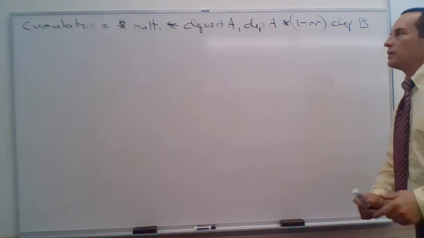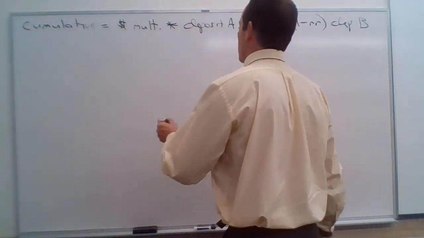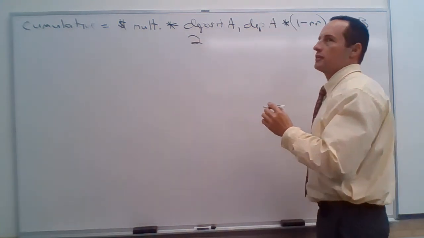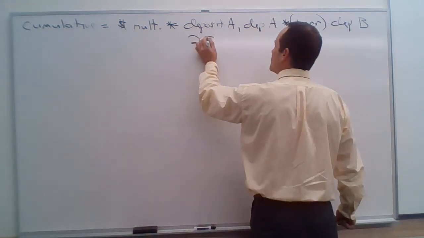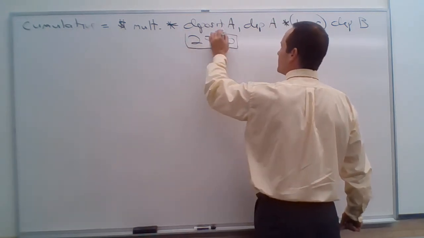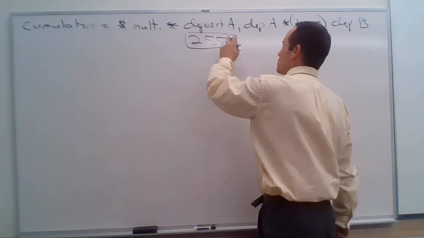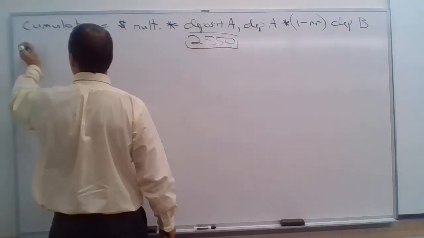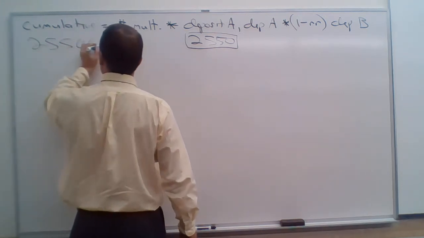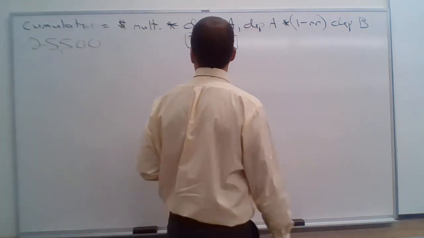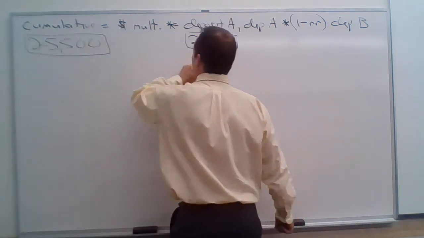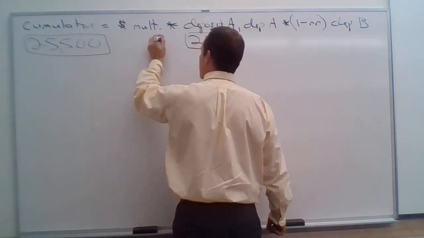Okay, so here is the first example. Let's say we have $2,550 deposited into Bank A. And this initial deposit in Bank A causes the money in the banking system to increase by $25,500. So if we're given these two bits of information, then we know the multiple that binds them is 10.